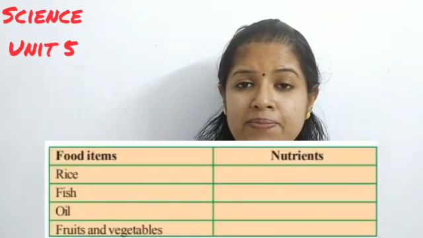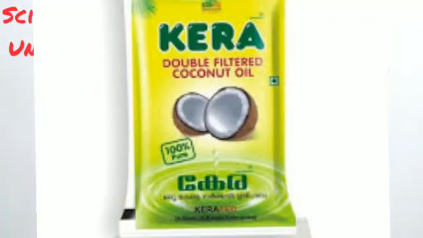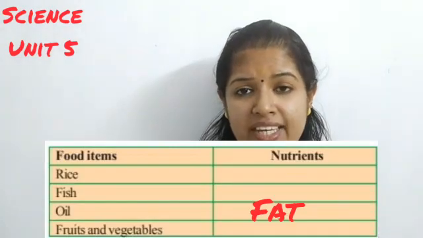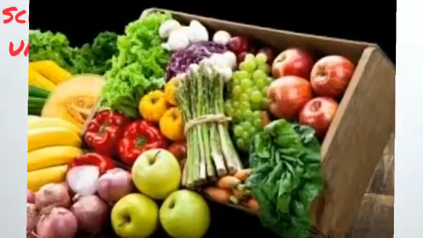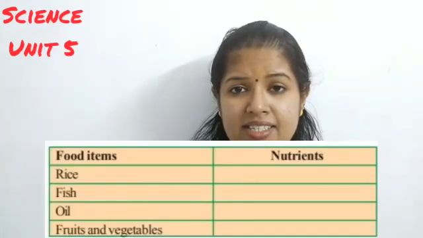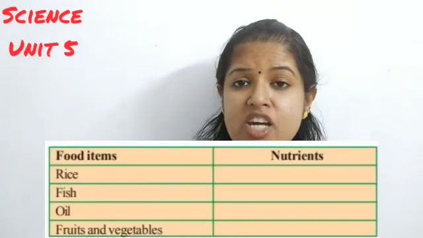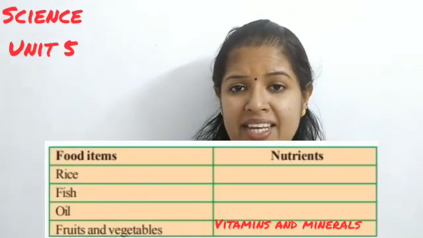Next one, coconut oil. Fat is present in the coconut oil. Next picture is the fruits and the vegetables. So it consists of vitamins and minerals. So these are the 5 main nutrients which are present in the food.